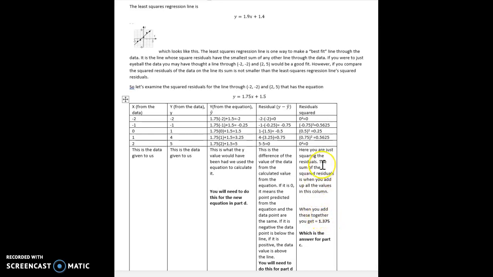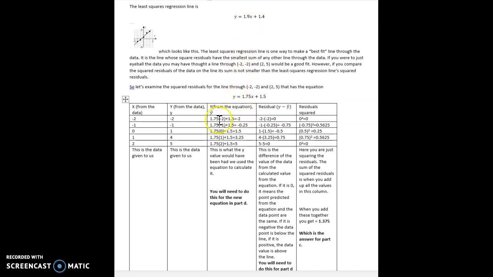Okay, so when you do this for part D, you're going to have a different equation. You're not going to be using this equation that goes through -2, -2, and 2, 5. You're going to be using your least squares regression line. So you're going to take 1.9 times your x value, which is -2, plus 1.4, and you're going to get some y value that would have been predicted from that equation.